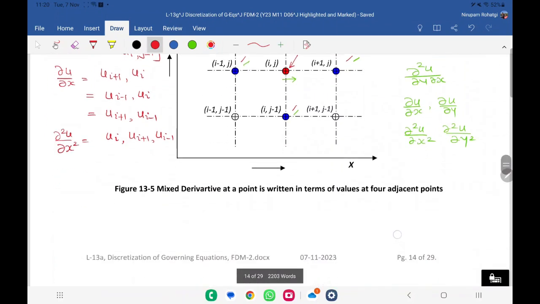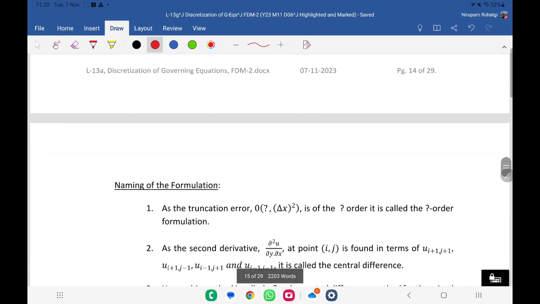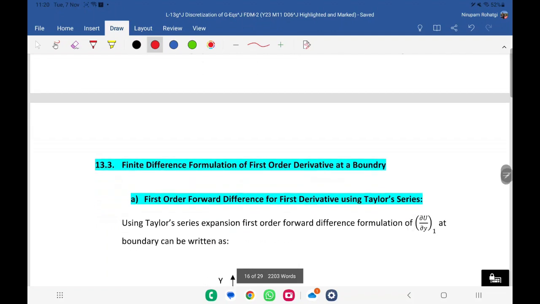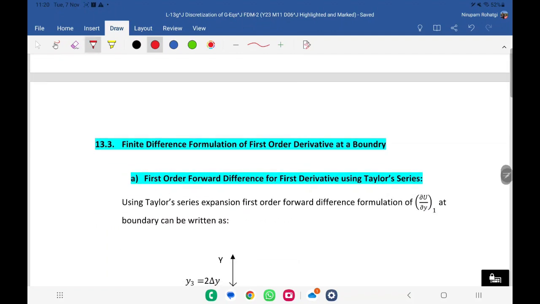Now, yesterday I was telling you that we are actually talking about the points which are inside the domain, which means there are points at the left and the right and the top and the bottom, etc. Once you come to the boundary, on one side there are no points. The points are only on the other side.